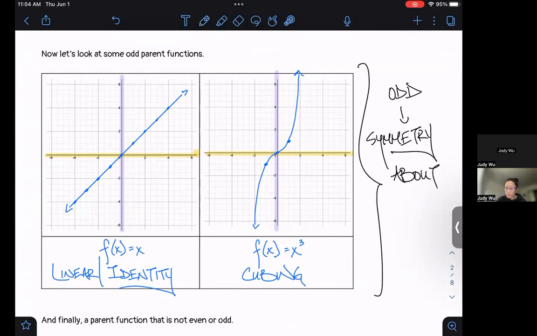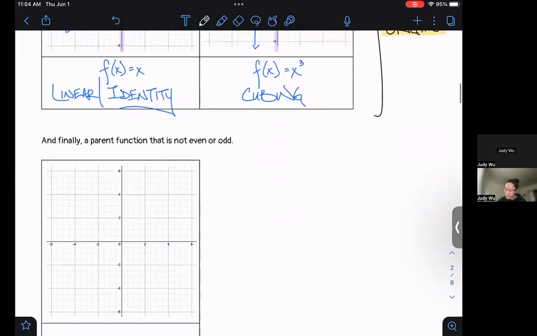When we do those two reflections, like the y and then the x, that is symmetry about the origin. Origin would be both the x-axis and the y-axis, x and y together.